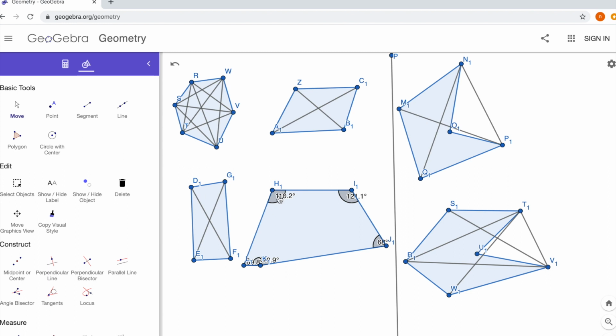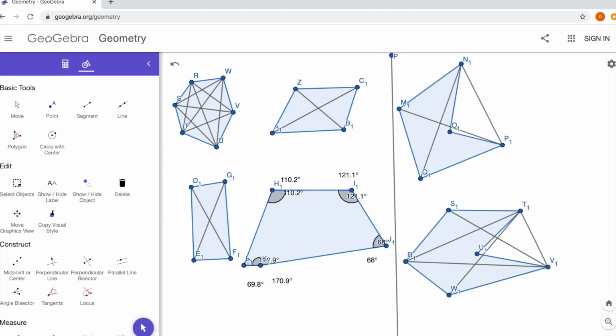So we see that all angles are less than 180 degrees. 110.2, 121.1, 68, 69.8 and 170.9. So all angles are less than 180 degrees in the case of a convex polygon.